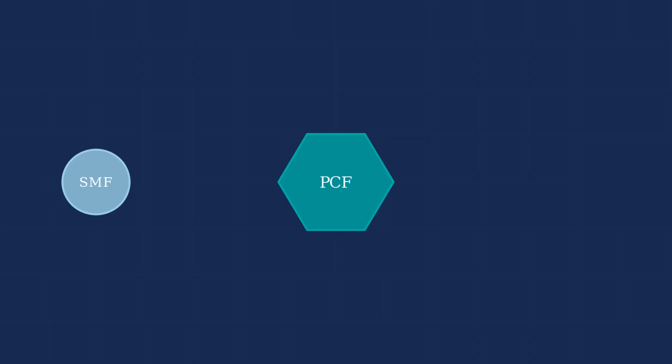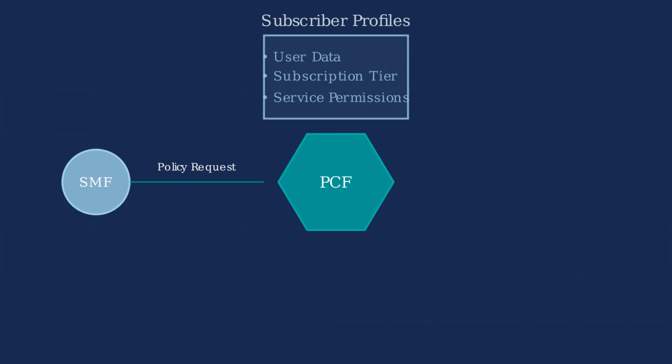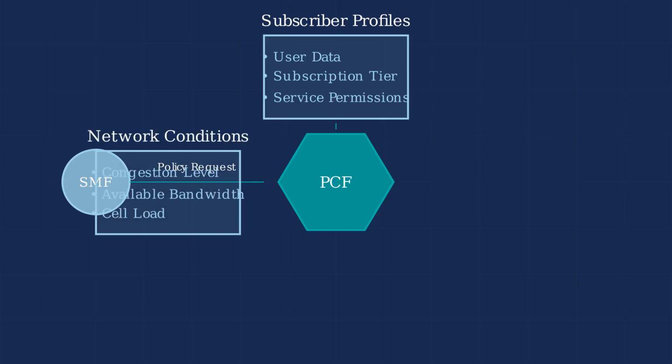When the policy control function receives a policy request, it begins a comprehensive evaluation process to determine the appropriate policy decisions. The PCF first evaluates subscriber profiles, which include the user's data plan, subscription tier, and service permissions. Next, the PCF analyzes current network conditions such as congestion levels, available bandwidth, and cell load to ensure optimal resource allocation.